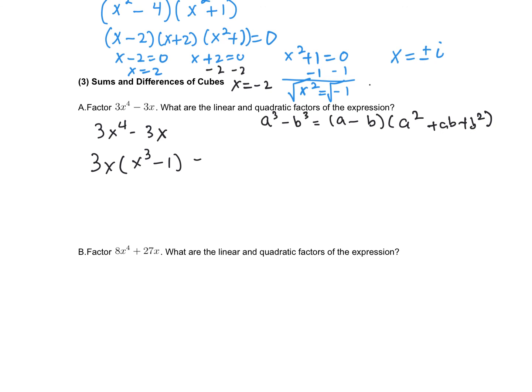So in this case, it's going to be 3x times x minus 1. And we know that a is x, so it's going to be x squared plus x, and then b squared is going to be plus 1.